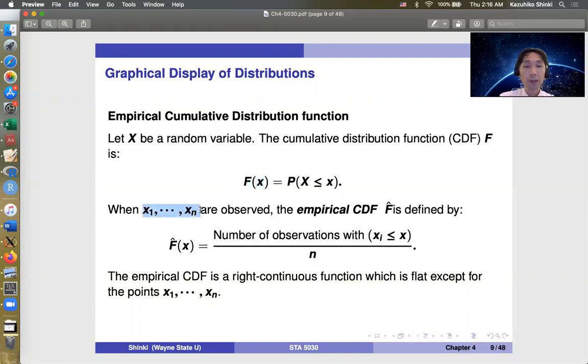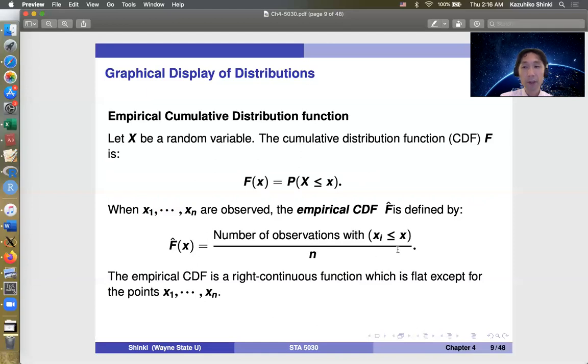Suppose we observed x sub 1 to x sub n observations. Then we can estimate capital F of x by F hat of x, where n is the number of observations. This is defined by the number of observations with x_i less than x, over n. So if, for example, 7 out of 10 observations are less than 2, then F hat of 2 is 7 over 10, so 0.7.